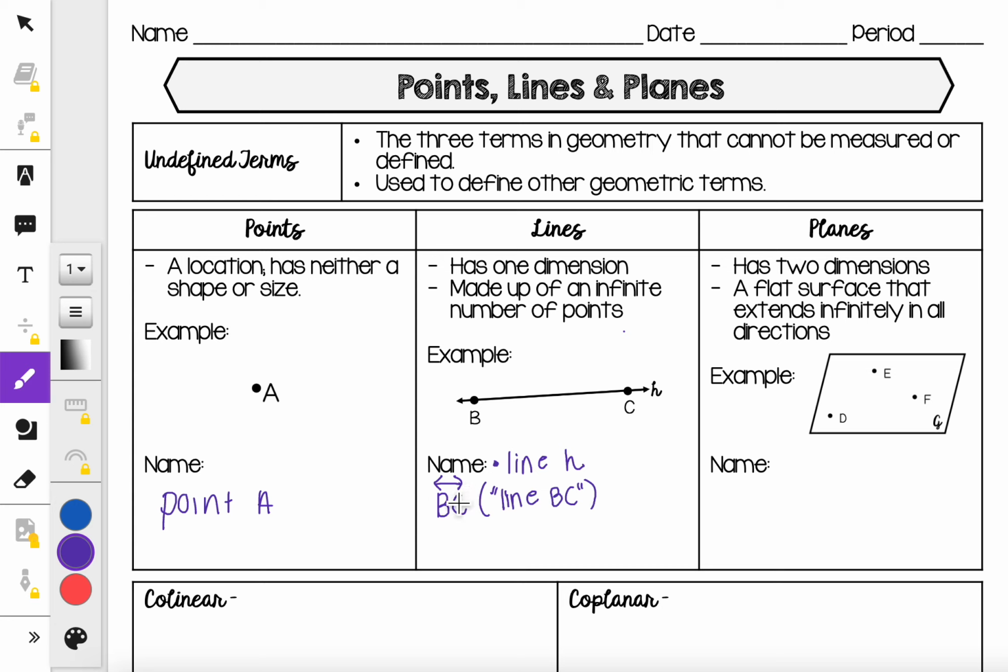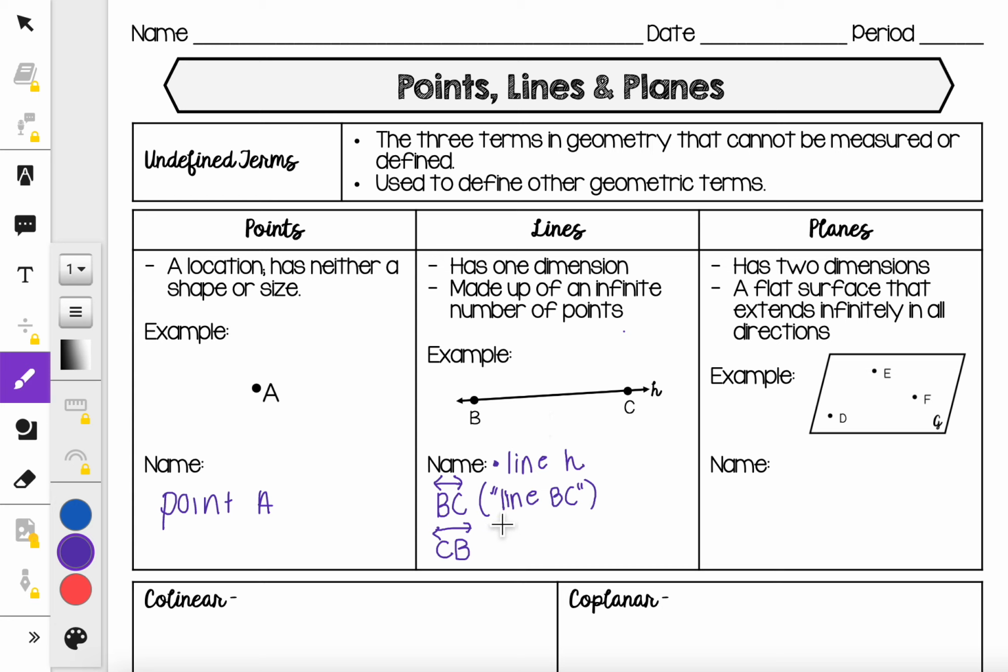And this little notation here up at the top is telling us that it is a line. We see that we have arrows in both directions, and that's going to tell us that we are talking about a line here. We could also say line CB. The order doesn't matter because it is a line.